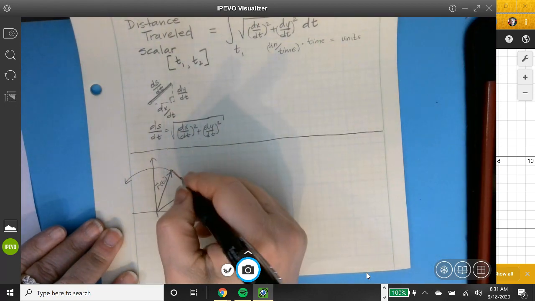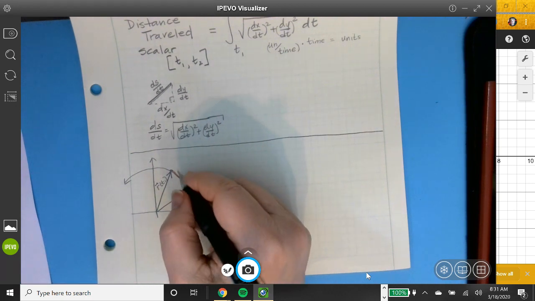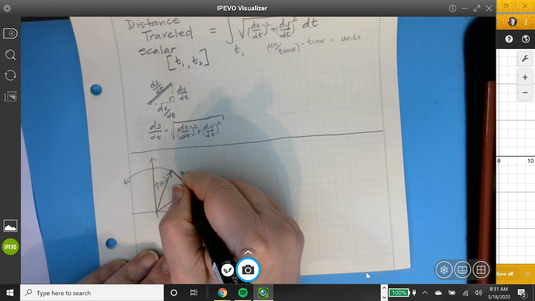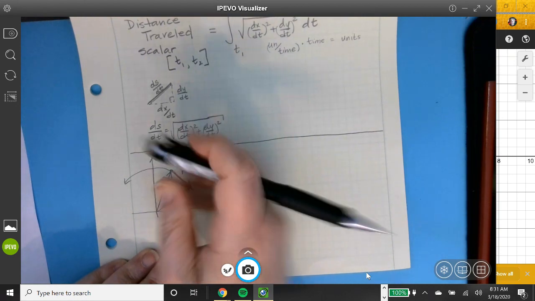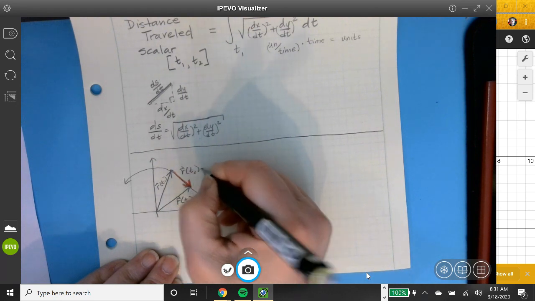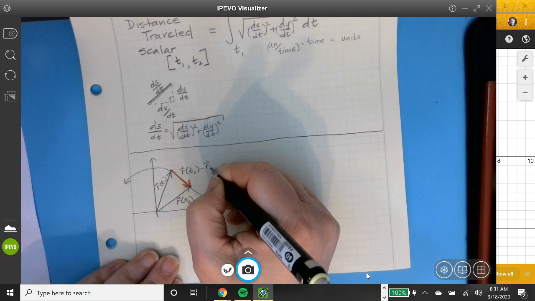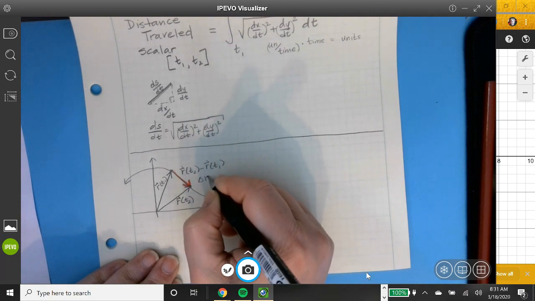So this is going to be the displacement vector, which I like to call the r vector, r(t2) minus r(t1), which is kind of like delta r.